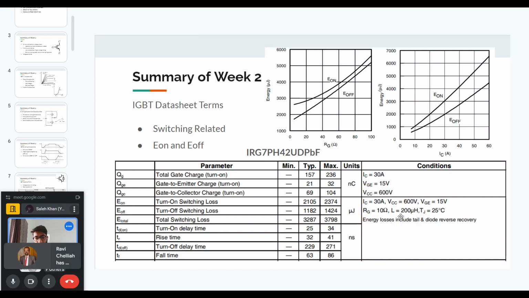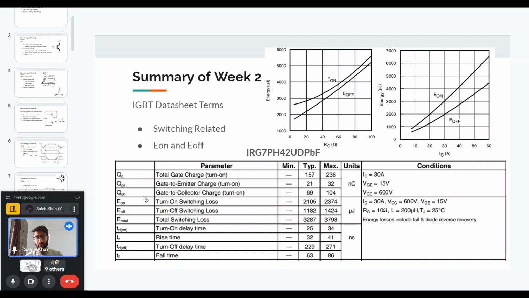So this is sort of that L. Yeah, it can have a slightly more complicated circuit, but it basically is that L. And then at these conditions, they actually measure the voltages and currents, and then they can find out what is the energy that is dissipated during the on time. And so they have given a typical value and a maximum value.